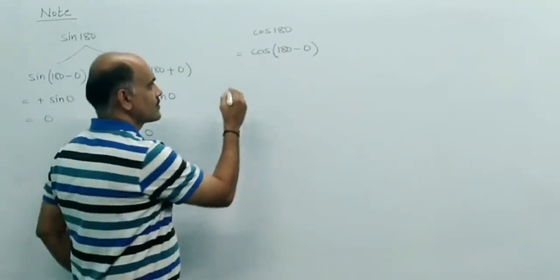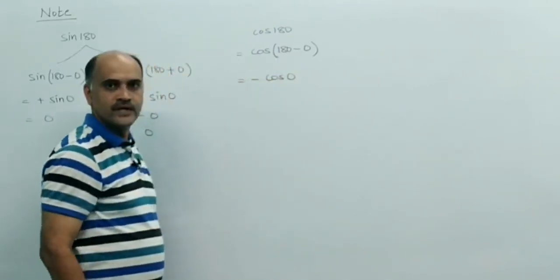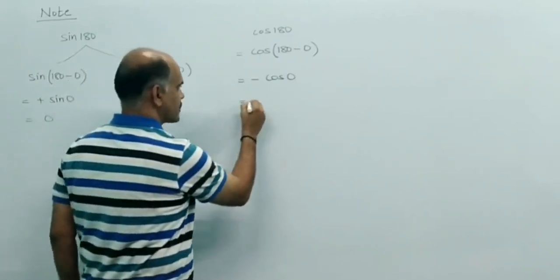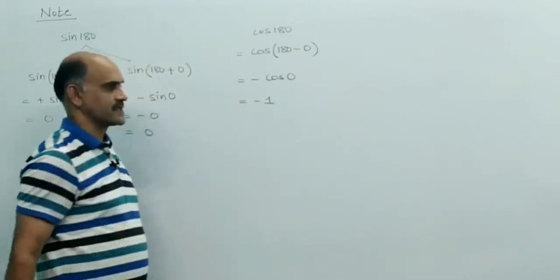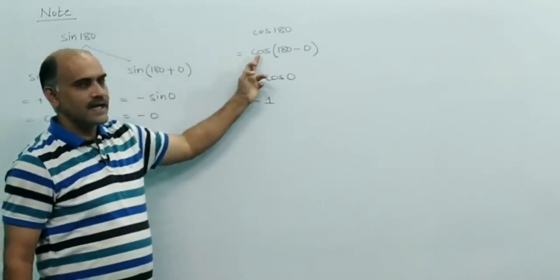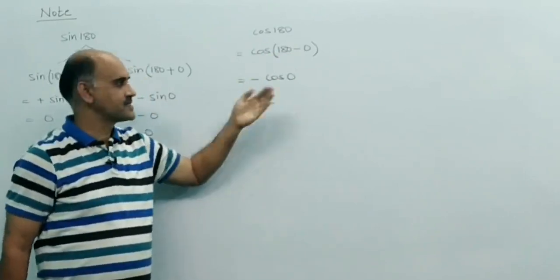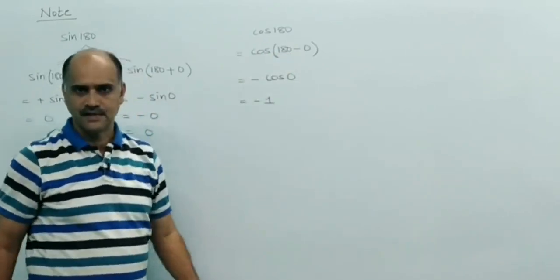In the second quadrant cos is negative, so you will have minus cos 0. Cos 0 is 1, so the answer is minus 1. Clear students? You can try keeping it as 180 plus 0, and you will have the same answer.